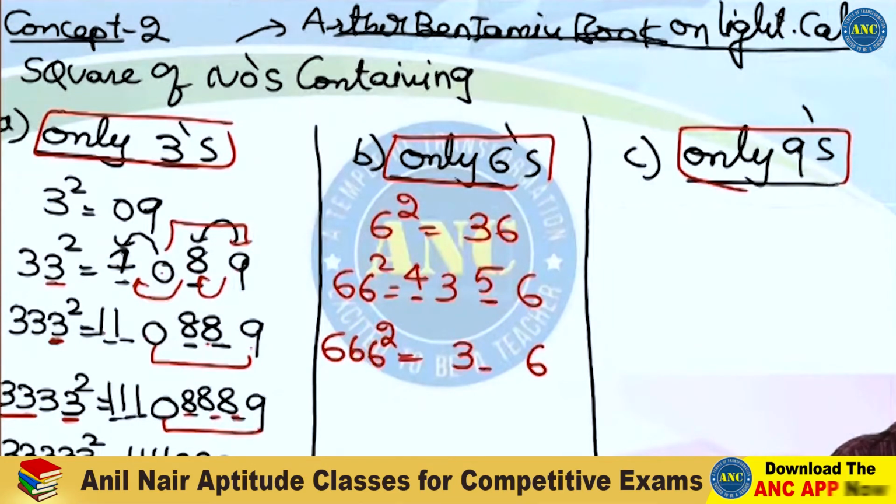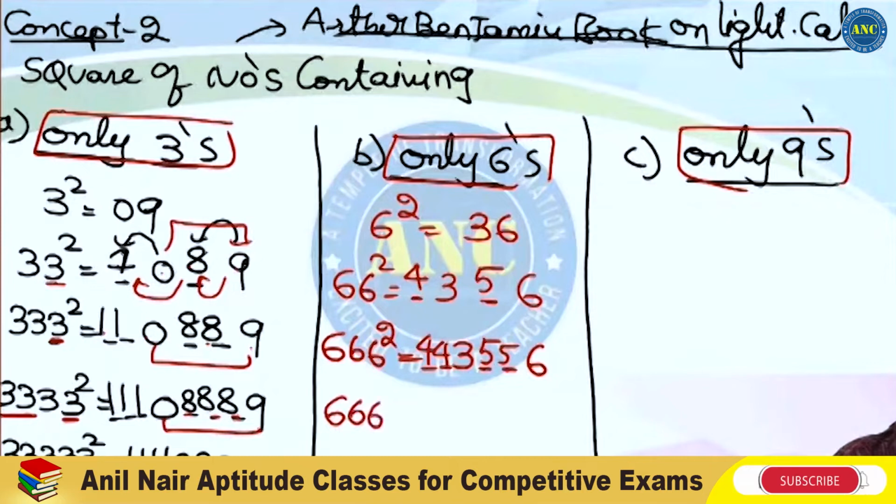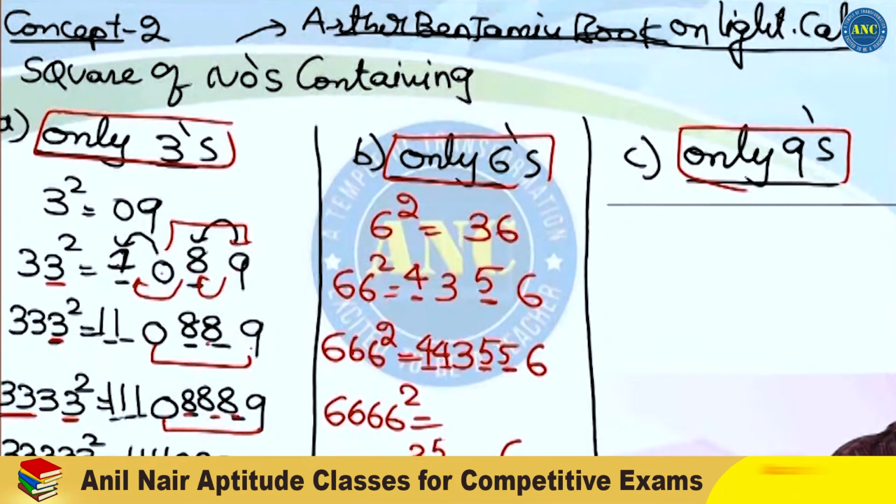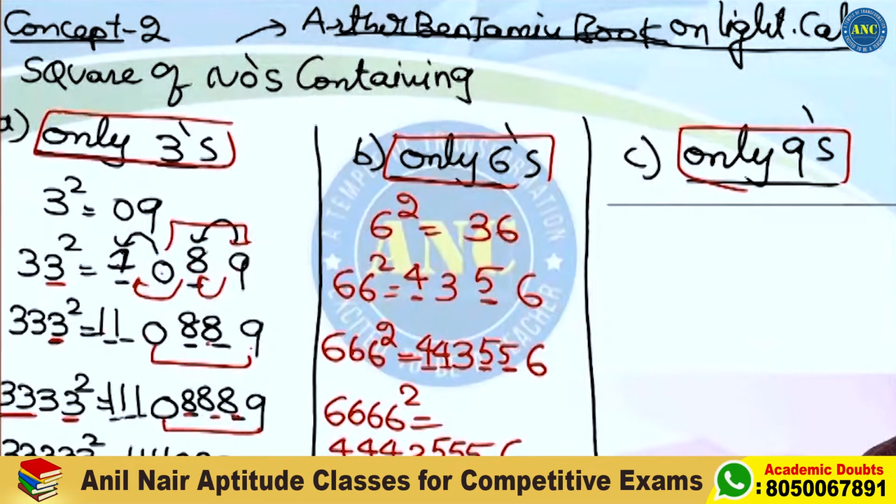There are 2 more 6s added, 2 slashes. 1 less than this number, 1 more than this number: 443, 556. Suppose it is 4 sixes square. 6 square is 36. 3 more 6s are added. Slash, slash, slash. 1 less than this number and 1 more than this number. I hope the idea is clear.